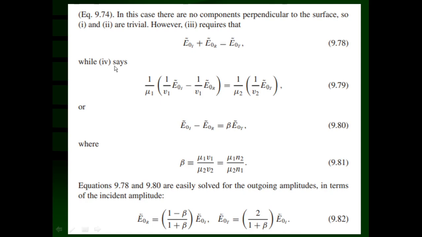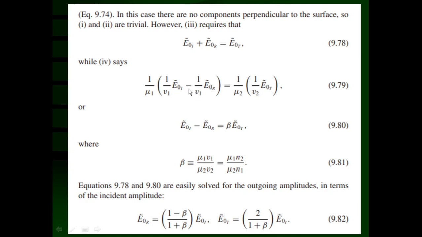Similarly, the fourth equation says that 1 upon mu 1 times B1, the magnitude of the incident magnetic field, given in terms of the electric field, is 1 upon V1 E0I minus 1 upon V1 E0R. There is a minus sign because the incident is in the positive y direction and the reflected is in the negative y direction.